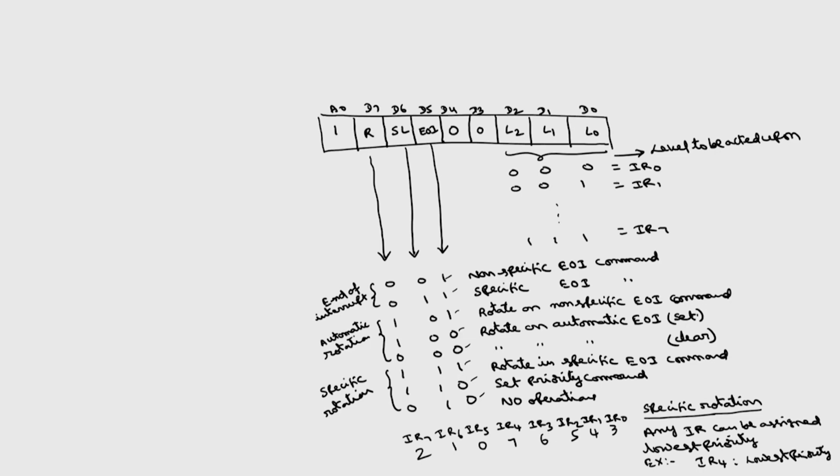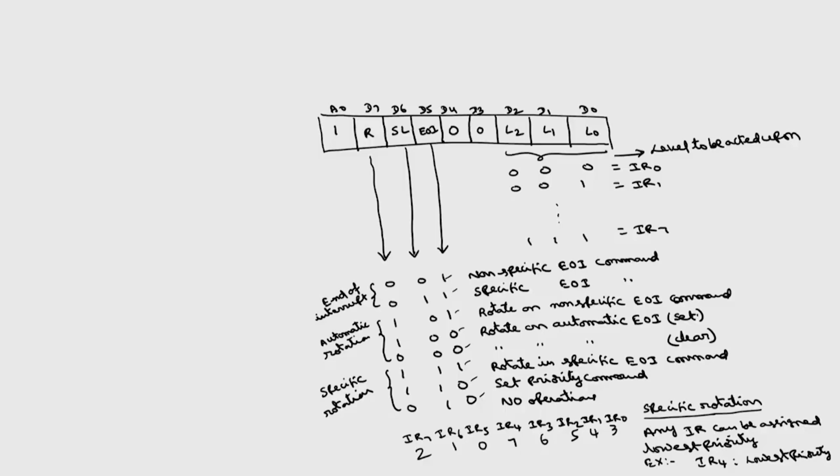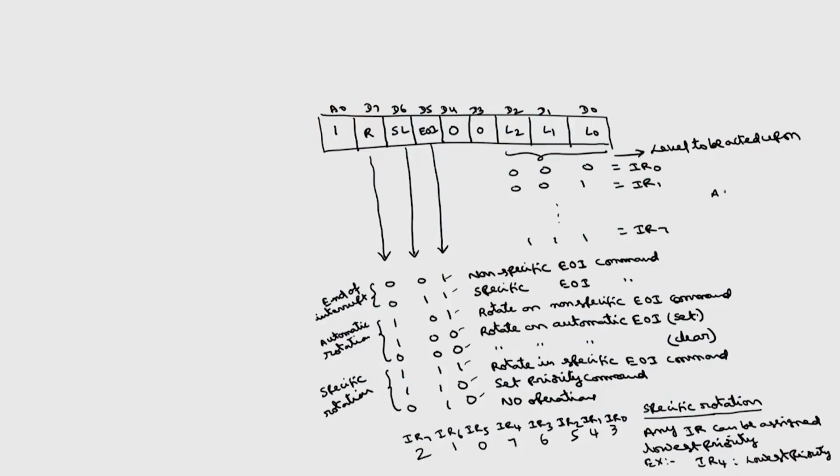Whereas in case of automatic rotation, by default the IR which is currently being served will have the lowest priority.